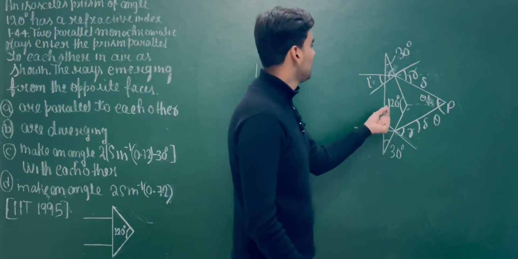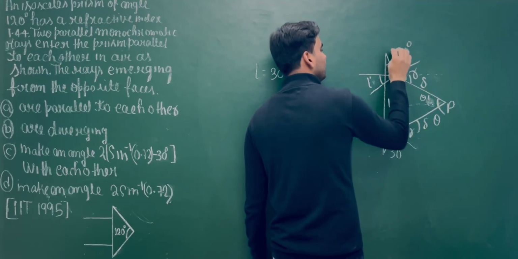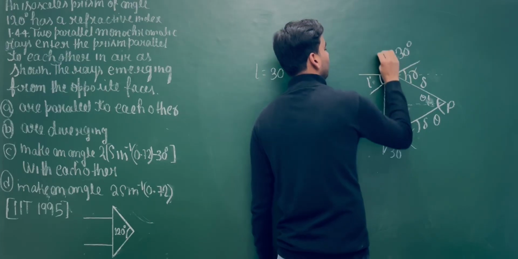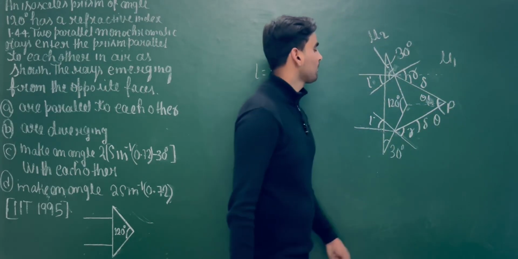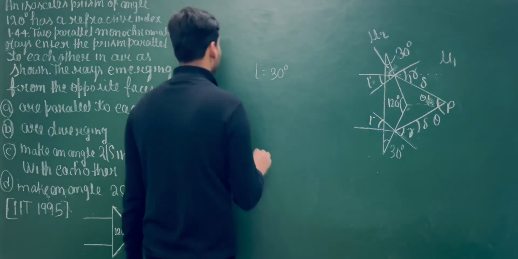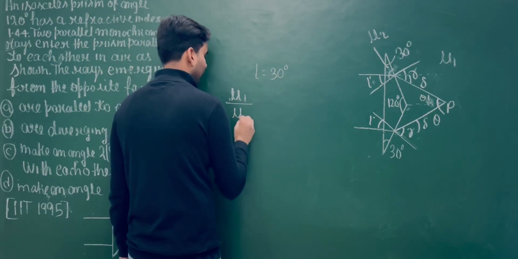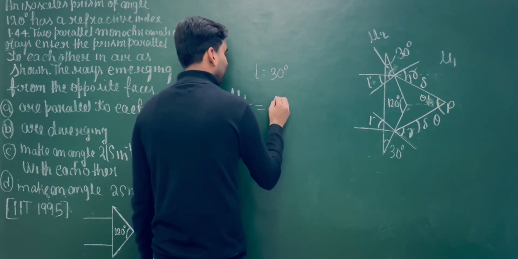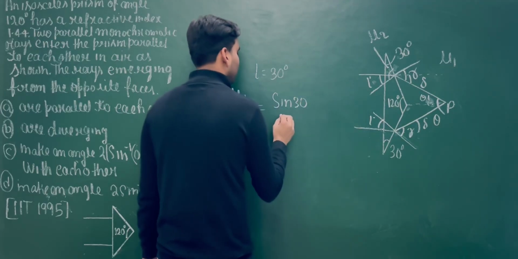Now, suppose that the refractive index of prism is mu2 and refractive index of air is mu1. Since refraction occurs into air, mu1 by mu2 equals sin I upon sin R, where I is 30 and R is the angle of refraction.